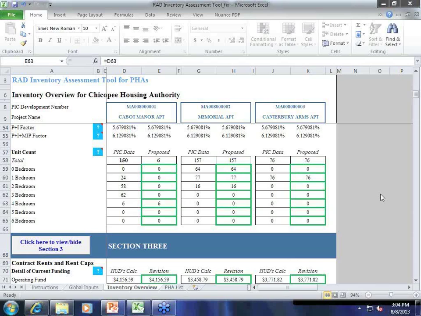Essentially, what we're looking for is 2 out of 3 of the last 3 years of audited financials need to show financial distress, meaning that the public housing units are not covering their portion of the operating expenses, and or that one of the partners, including the Housing Authority, is having to put their financial resources into the deal to make the operation side work. But it's all spelled out very precisely in the revised notice. Okay, thank you.